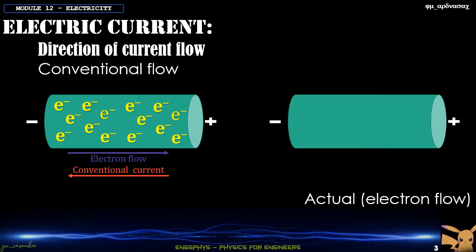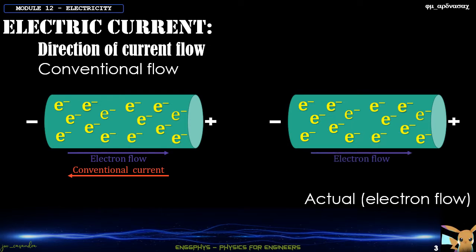So if we have here a conductor with positive and negative ends, we already know that the negative electrons will move from negative to positive. So that is our electron flow, negative to positive. So the actual direction of flow of the current is negative to positive.